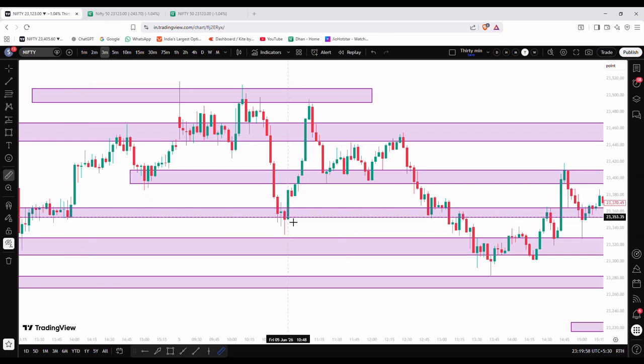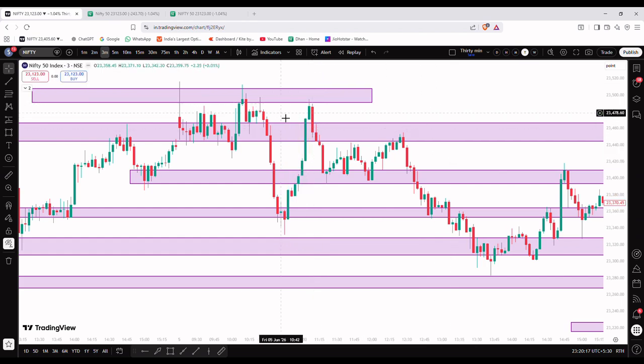But whoever is following this particular method could have taken a trade here, keeping the stop loss here. That is about 25 points, and it gave a target of 138 points, almost 140 points in a single move.